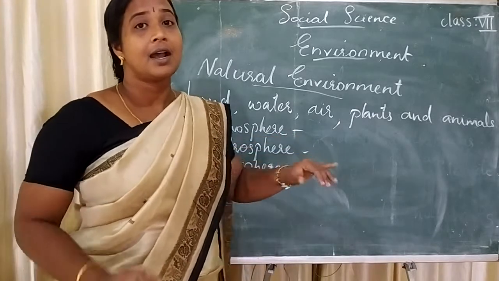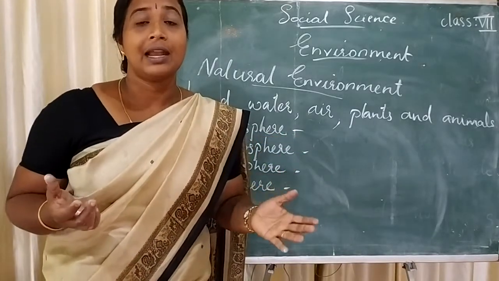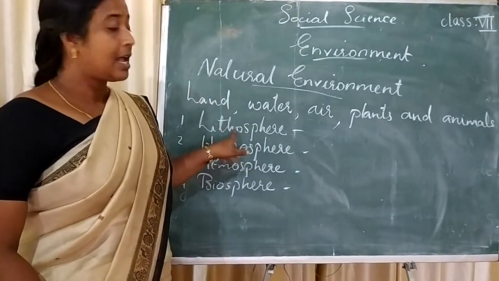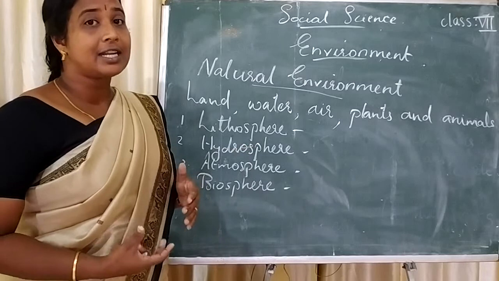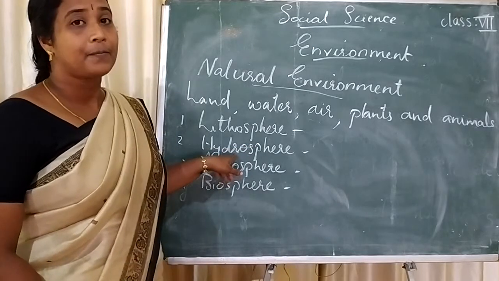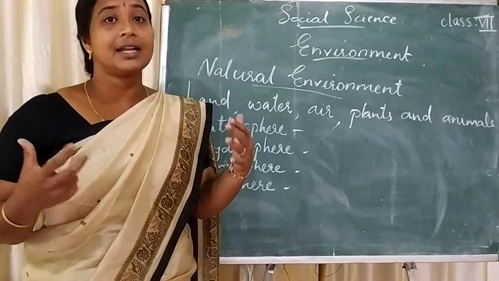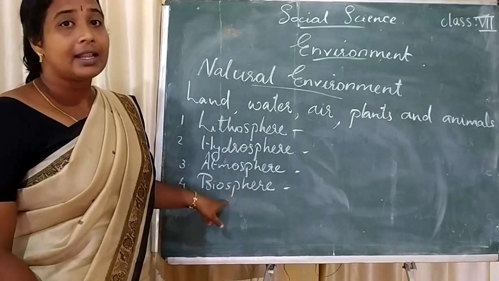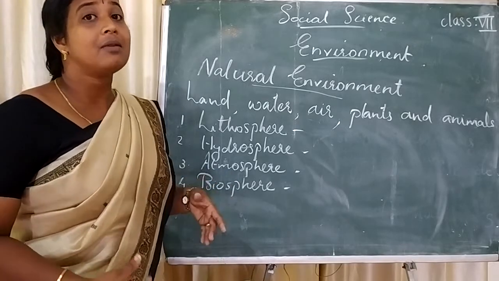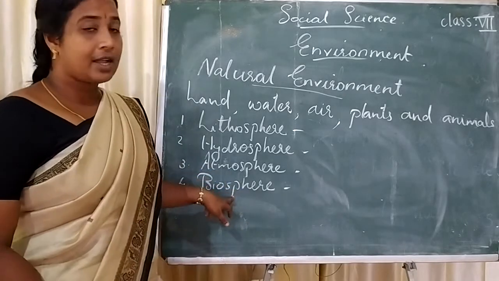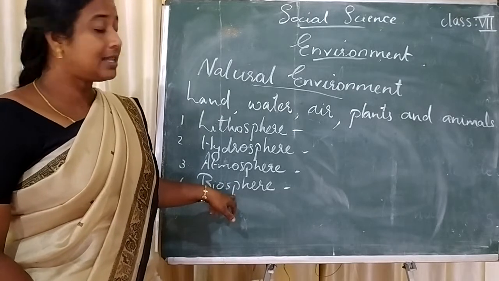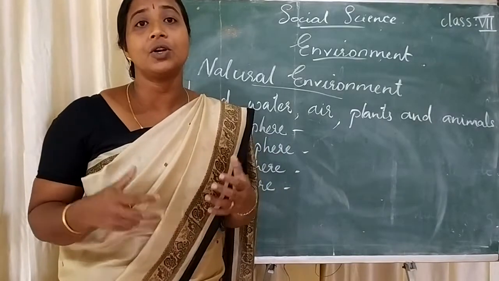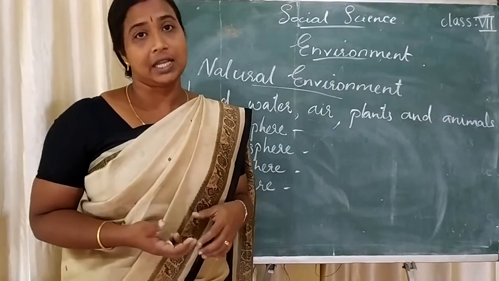Lithosphere is the hard uppermost layer of the earth. The domain of water is called hydrosphere. The air that surrounds the earth is known as atmosphere, and the plant and animal kingdom together form biosphere, in which land, air and water combine to make our life easier.